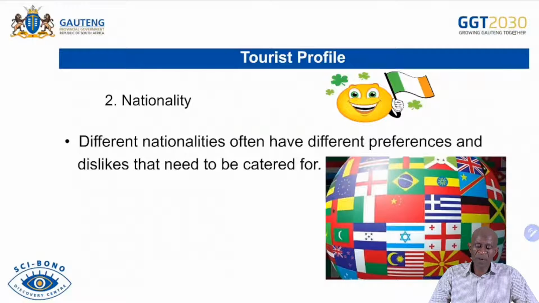So for you to be able to cater for that, it's important to acclimatize yourself with the nationality of the tourist, where the tourist is coming from, so that you learn their culture and be in a position to tailor make your tour plan to suit his needs, his behavior, his culture, and many other preferences, his likes and dislikes.